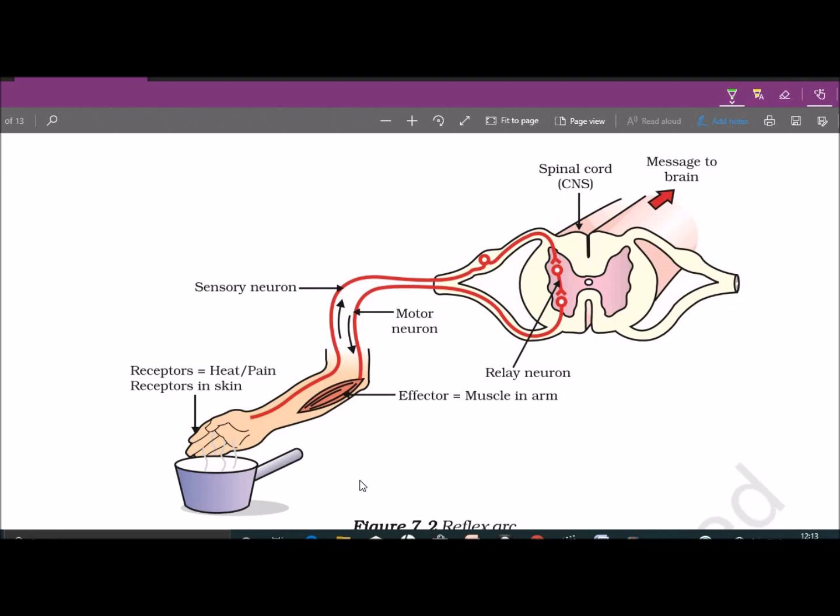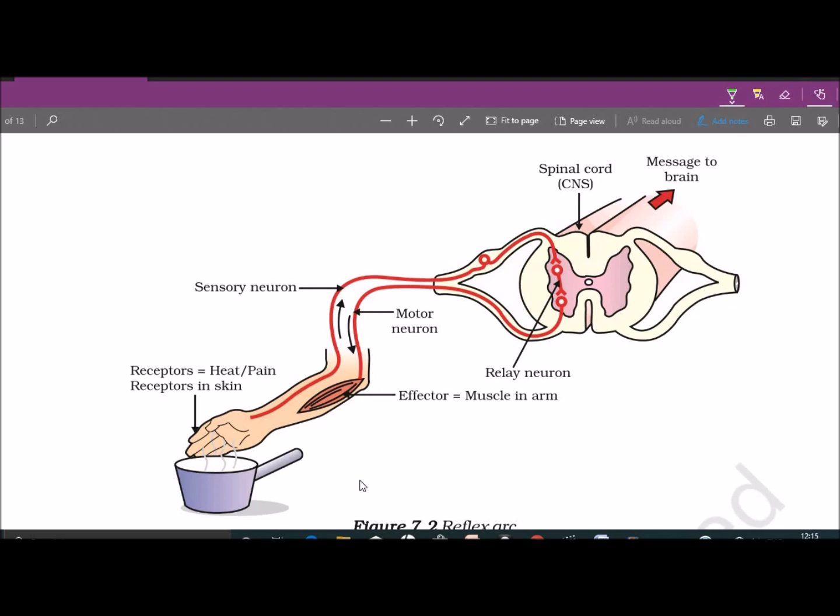In a reflex action, the sensory neuron picks up the message from the receptor and passes it to the spinal cord, where through the relay neuron the message is communicated to the motor nerve and is carried to the effector organ for a quick response. The path followed by this action is called the reflex arc.